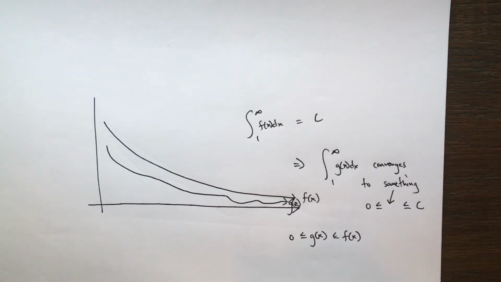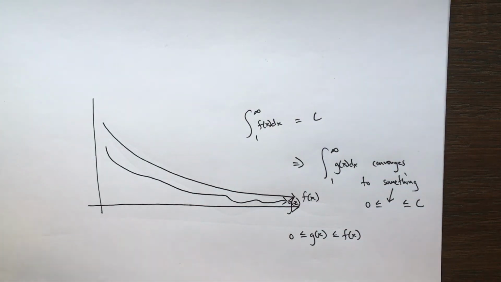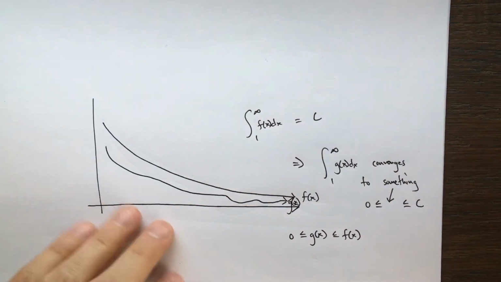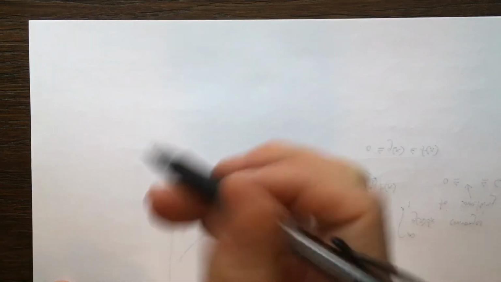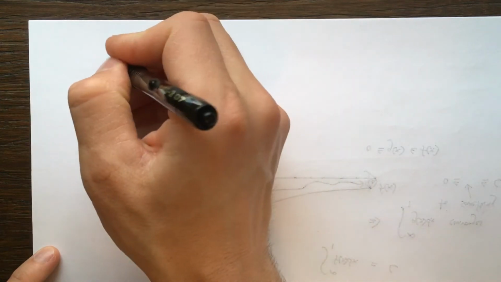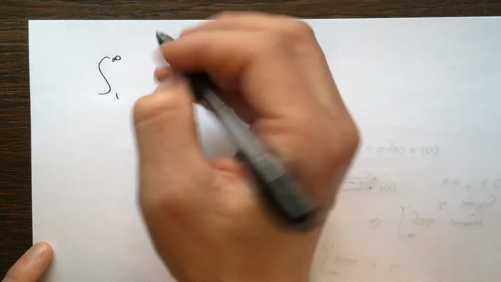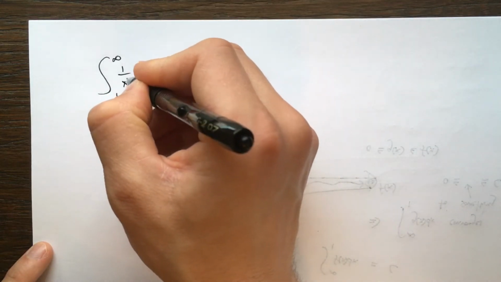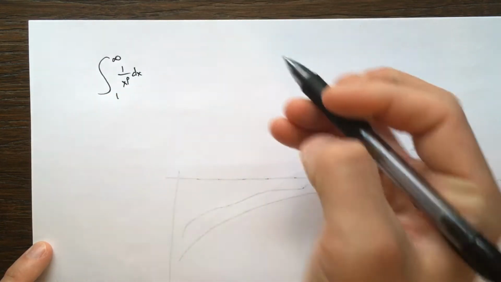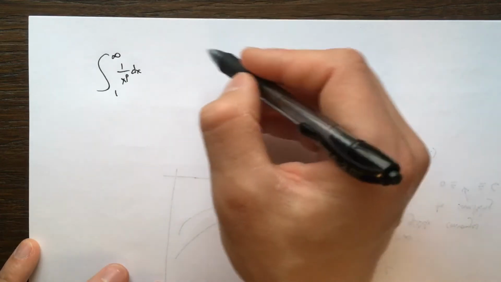But we need some things to compare to, and so let's investigate something that we'd like to compare things to before we move on to some examples. So let's take, for instance, this right here. The integral from 1 to infinity of 1 over x to the p dx. Now we saw a couple examples of this.